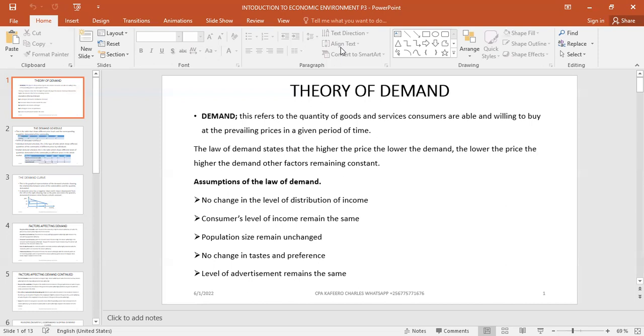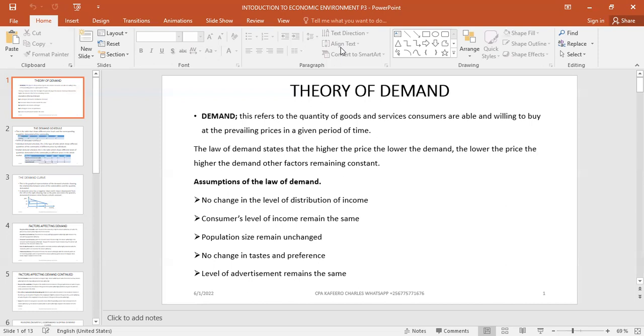So we want to know, if the prices keep on changing, how many units or what quantities the consumers are willing to take up and are able to pay for, because there is someone with a need for a certain quantity of an item, but you find the person cannot afford to pay the money those goods are costing.